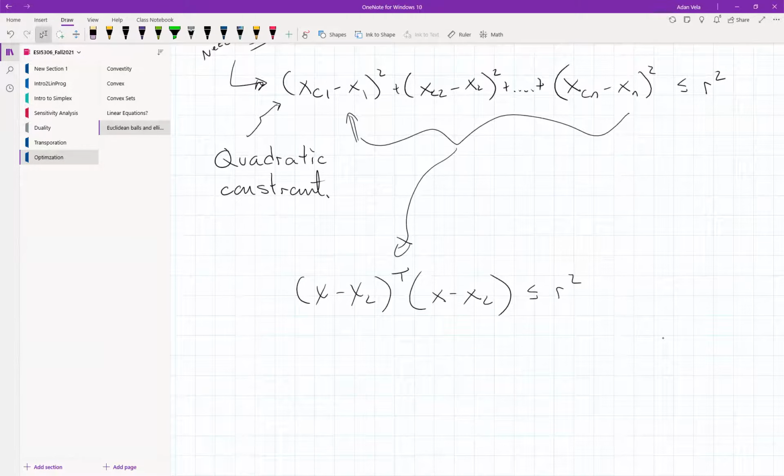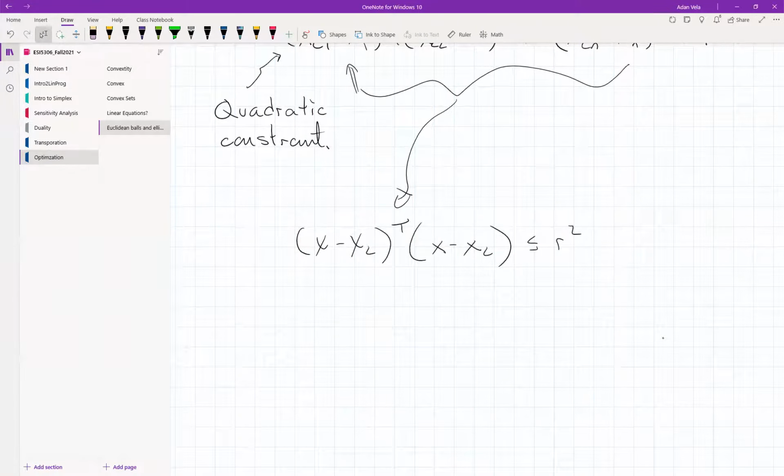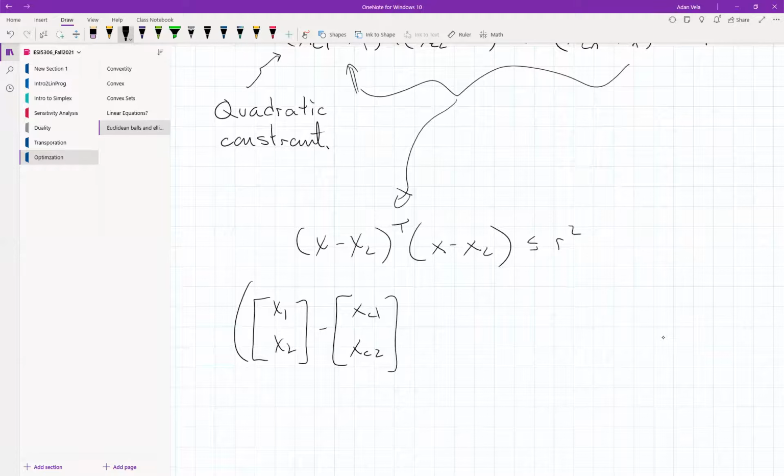Now, if we were to do this in 2 dimensions, just as an example, right? So using the same values, then we could certainly go ahead and start substituting stuff in. So we'd get x1 and x2. And we'd get xc1 and xc2. Right? And we're going to take the transpose of that and multiply it by itself.